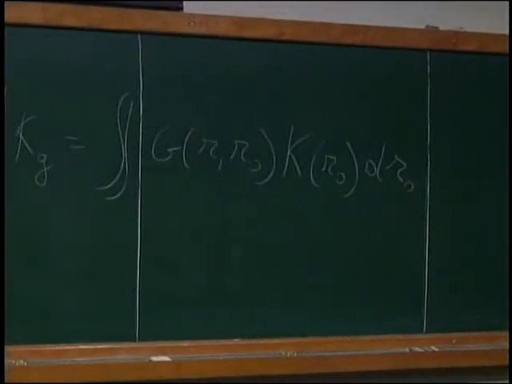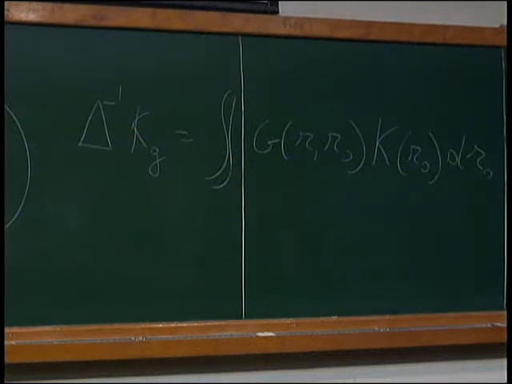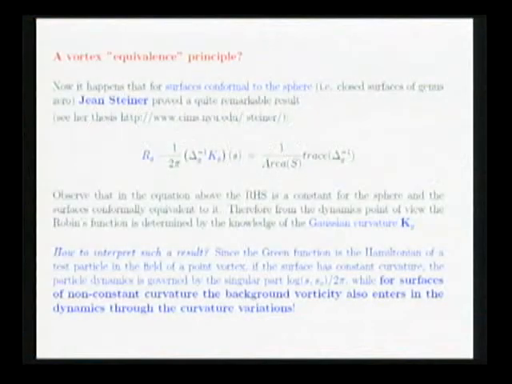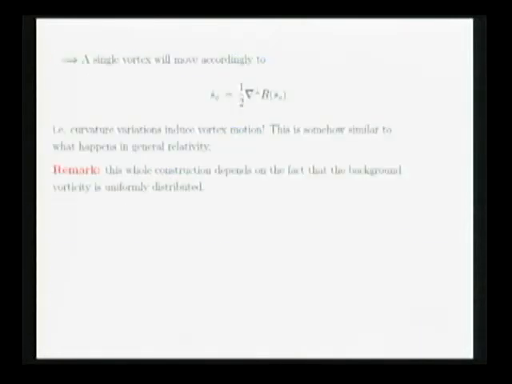And so we see that really there is a link between how the Gaussian curvature changes and the Robin function. And this is just a constant term. So we see that, in fact, on the sphere, the Robin function is a constant, because this is a constant. But then on the ellipsoid, the Robin function is no longer a constant, because this integral gives us a different thing.